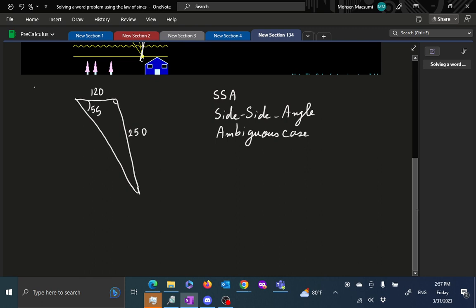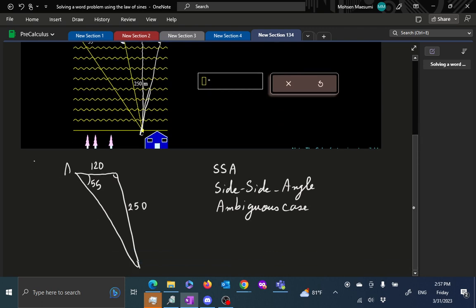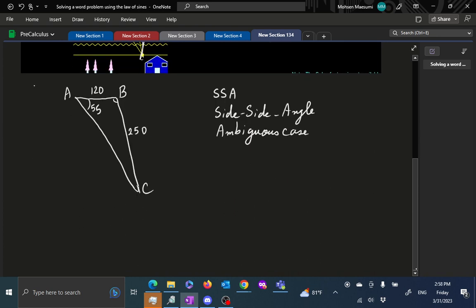So what is involved in this case? Let's use the lettering same as up here. So I have A and B and C. So we know that the law of sines says that sine of A over A and sine of B over B and sine of C over C, these are equal to each other. Well, let's go ahead and write.